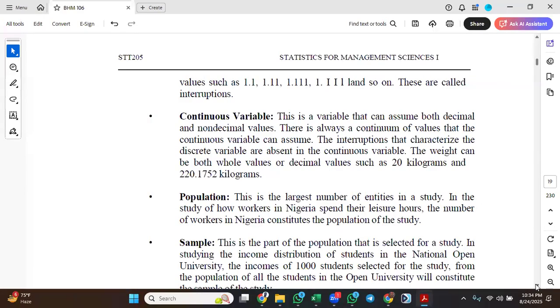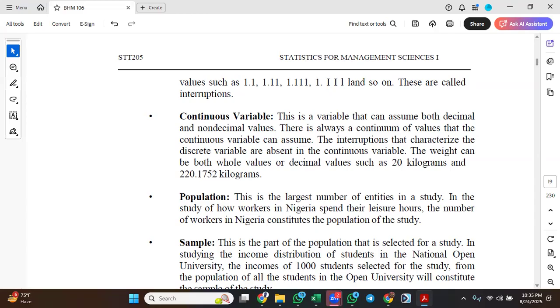I hope you understand the clear difference between continuous variables and discrete variables. Continuous variables also fall under quantitative variables. All other variables that have to do with numbers fall under quantitative variables. It's just like saying quantitative variable gave birth to all of them.